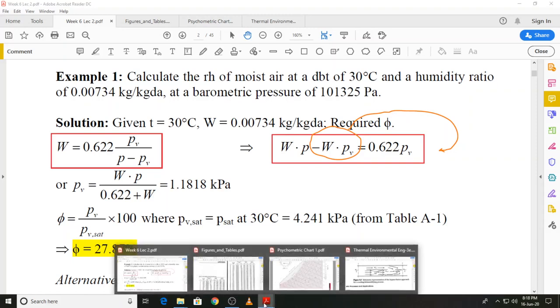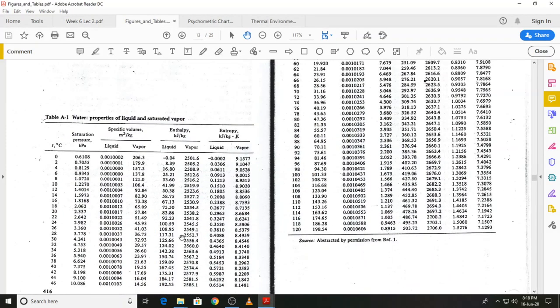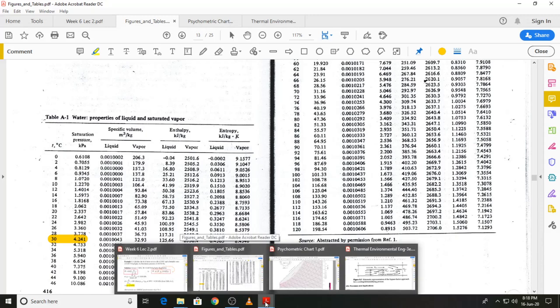So we look at table A1 at a dry bulb temperature of 30 degrees C. You can see the water vapor will also be at 30 degrees C, and when the air is saturated, it will exert a pressure of 4.241 kilopascals. So that is PV sat for the given dry bulb temperature.